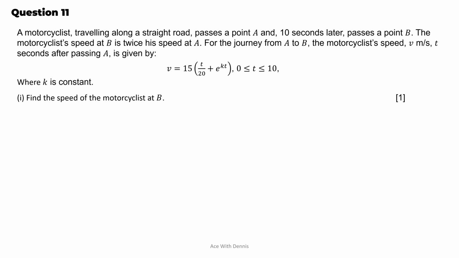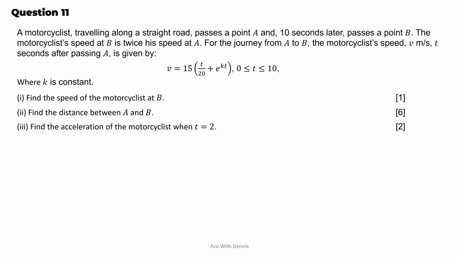Find the speed of the motorcyclist at B, 1 mark. 2. Find the distance between A and B, 6 marks. And 3. Find the acceleration of the motorcyclist when t equals 2, 2 marks.